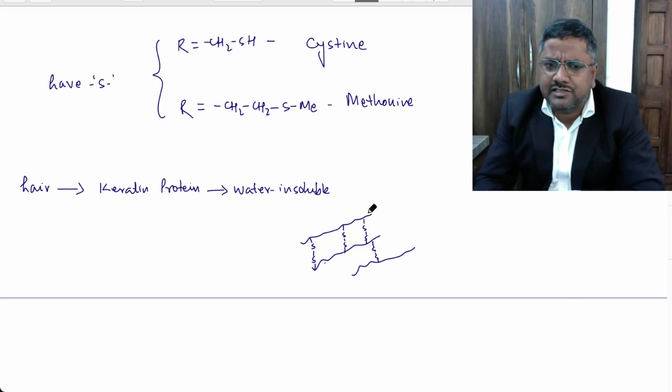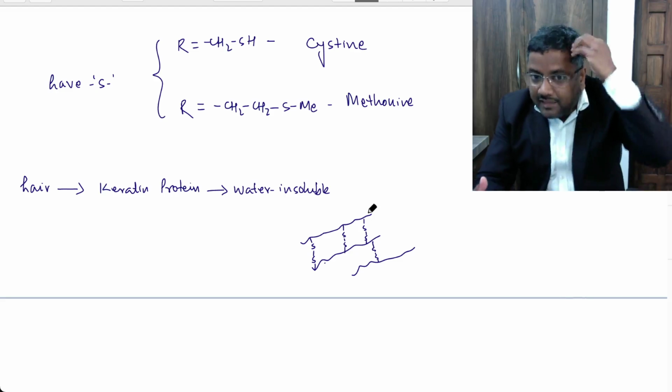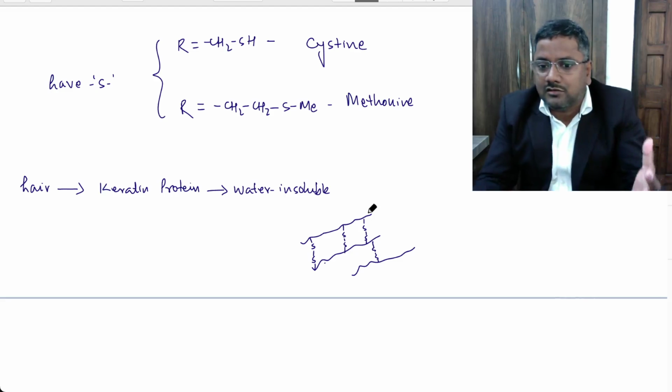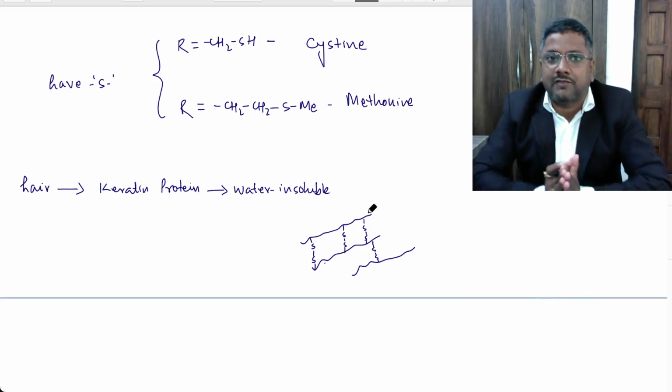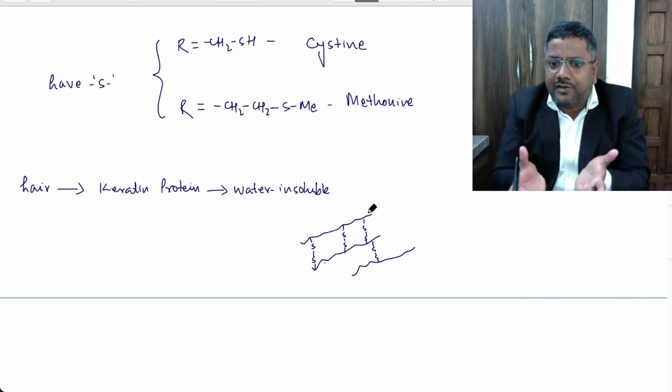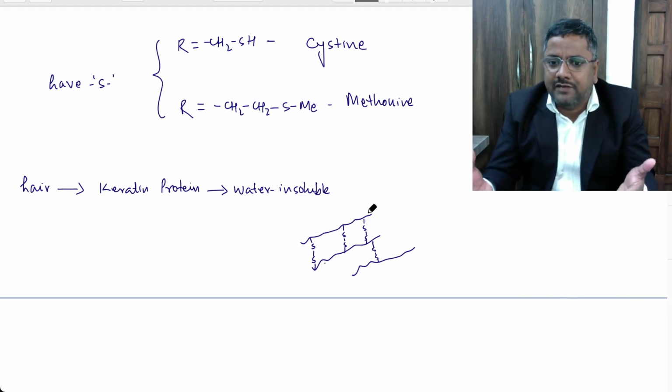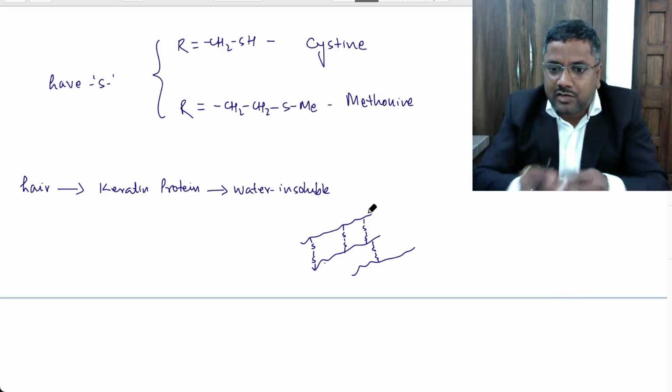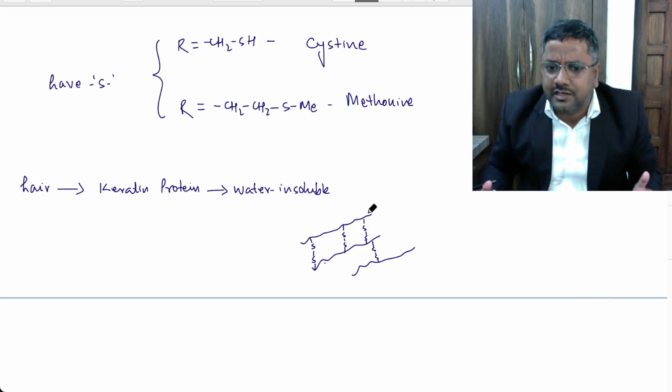and the composition of this protein changes. Not every system has the same composition of protein. Means my hair and your hair do not necessarily have the same composition of alpha amino acids. We both are different. So when we are talking at the molecular level, a lot of difference is there.